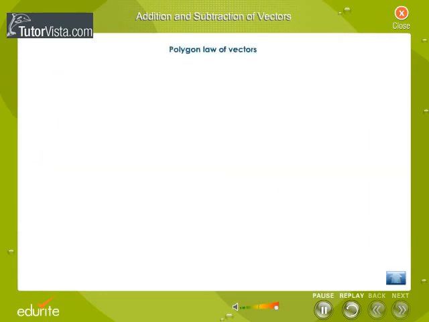Polygon law of vectors. Polygon law of vectors is used for the addition of more than two vectors. Let us consider four vectors, vector p, vector q, vector s and vector t as shown in this figure. Displace vector q parallel to itself till the tail of vector q touches the tip of vector p.